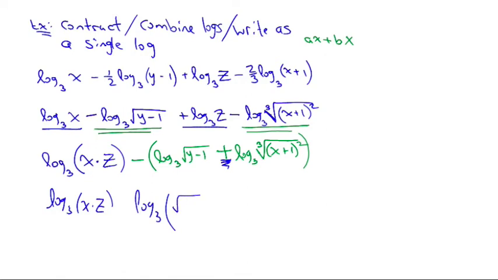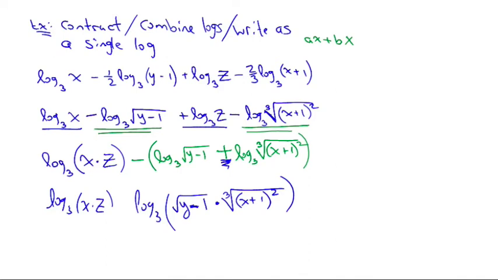Square root of y minus 1, times the cube root of x plus 1 all squared. So addition turns into multiplication. I find that law better than the division one sometimes, but I'll show you a shortcut to this in a few seconds.